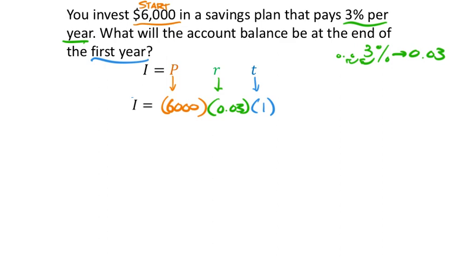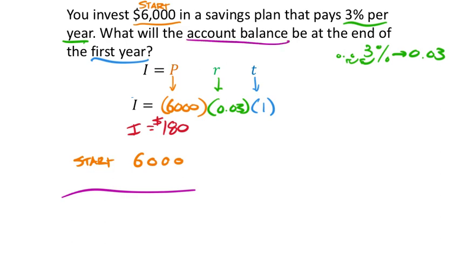So I'm going to put this in the calculator, and this will tell me the amount of interest, which I guess I'll make red. Okay, so the interest amount is $180. Now, what we're going to do is take the starting value, which is $6,000, and in order to find the final account balance, which is what it wants, we're going to have to add the interest, which is $180.